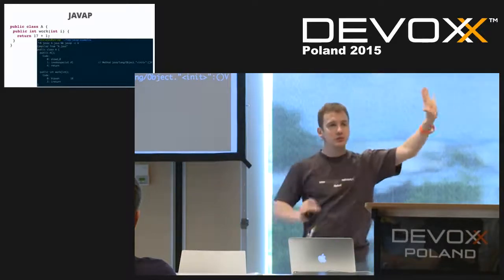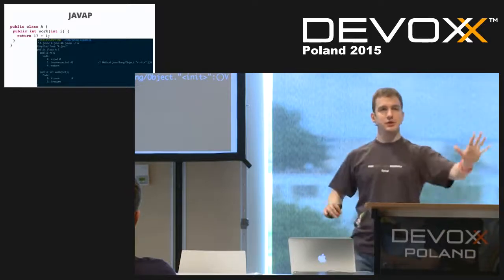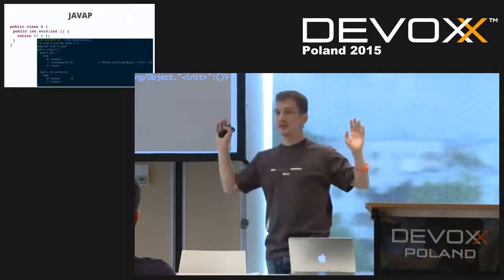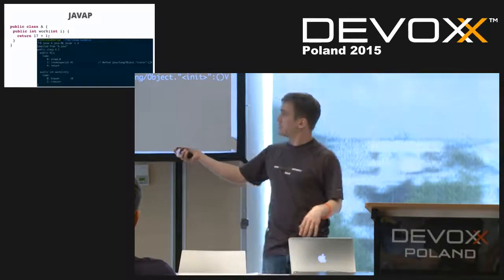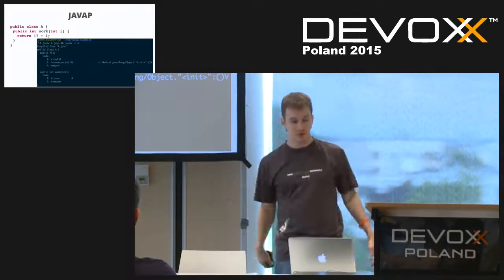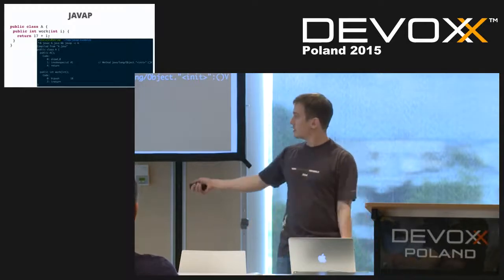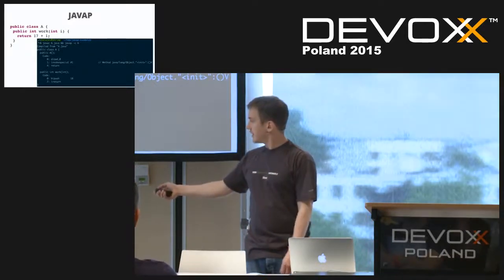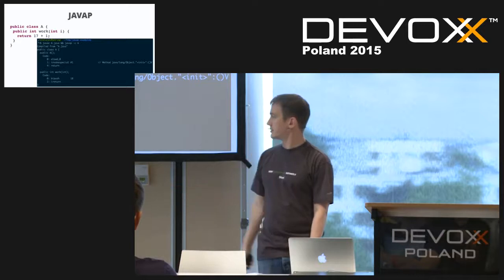So mostly it just translates your source code into bytecode as it is, one to one. But with such simple instructions, where you can always say that it will be 18, it just takes and loads that on the stack and returns.